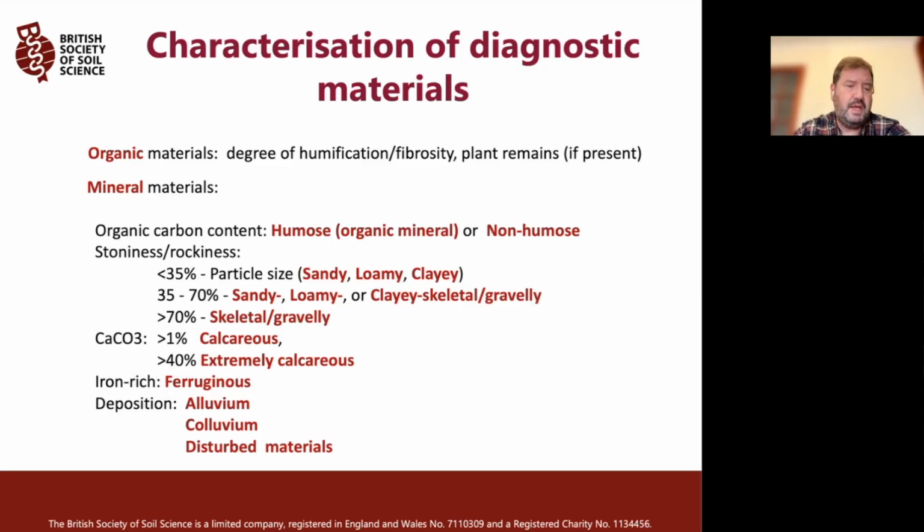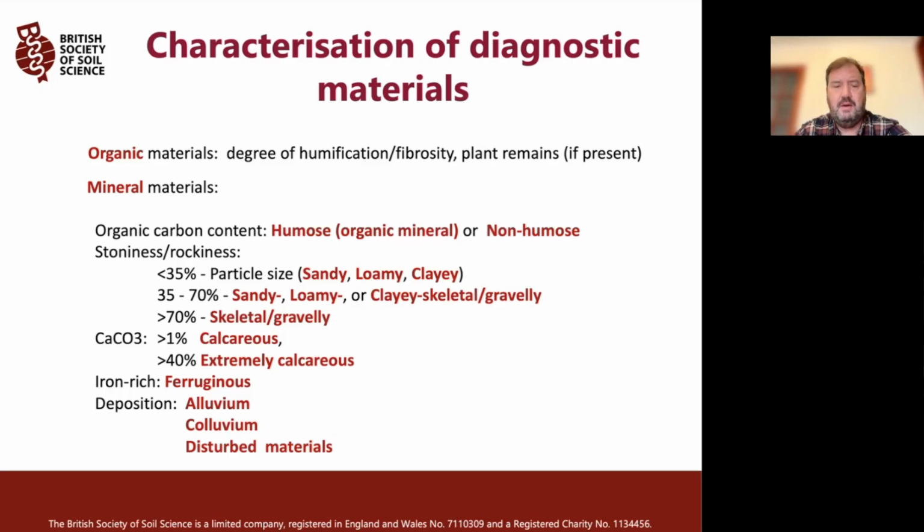Also, you're looking at the levels of calcium carbonate, and I'm sure if you've been in the field, you'll have a little bottle of diluted hydrochloric acid, and you put it on the soil, and you listen to hear if you have a fizz, the carbon dioxide coming off as the acid reacts with that. You can tell whether the soil is calcareous or not.